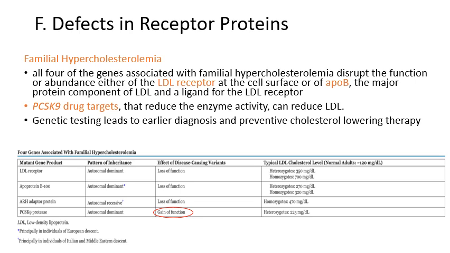All four of the genes associated with familial hypercholesterolemia disrupt the function or abundance either of the LDL receptor at the cell surface or of ApoB, which is a major protein component of LDL and is a ligand for the LDL receptor. Because PCSK9 protease is usually gain of function, there are drug targets that reduce the enzyme activity, and therefore they can help to reduce cholesterol.